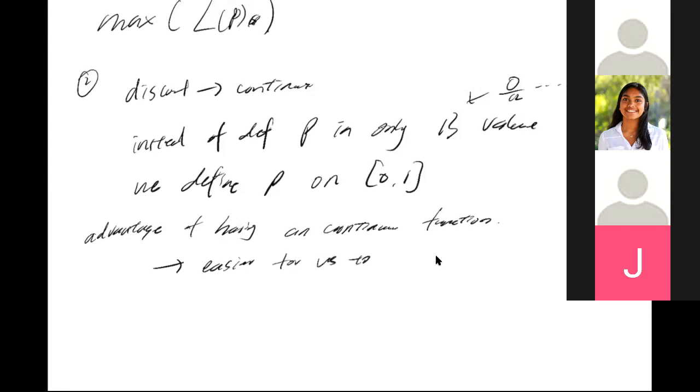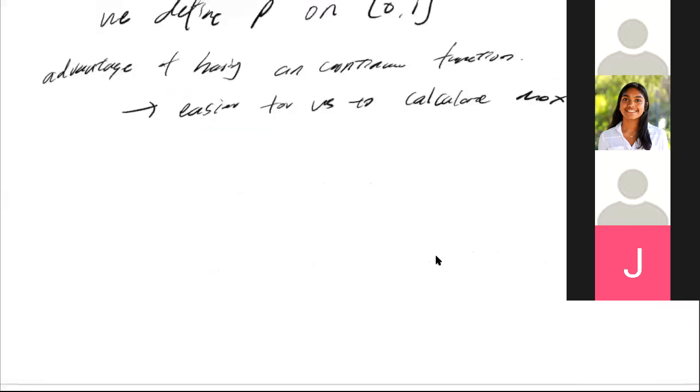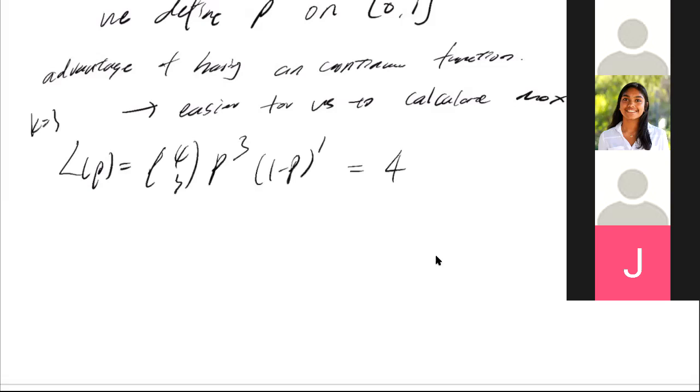For example, in calculus we learned the derivative method. So L(p) in this case is 4 choose 3 times p to the third times (1 minus p) to the first, because k is equal to 3, you find 3 blue marbles. And the function can be simplified to 4p cubed minus 4p to the fourth.